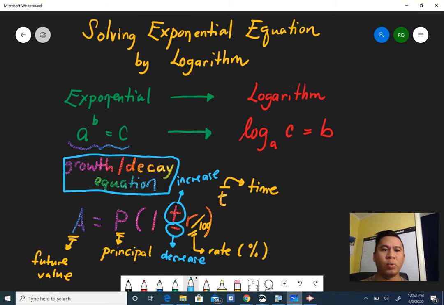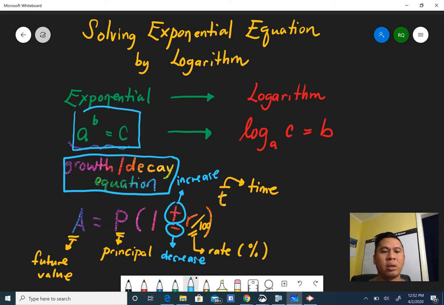As a review, we say that exponential a to the b equals c, where a is our base number, b is our exponent, and c is our answer. This can be expressed in logarithm as follows.